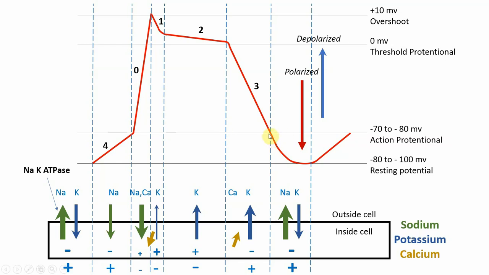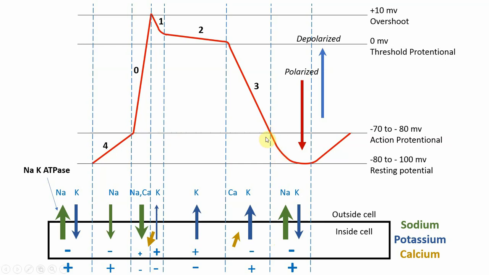If you see the positions of sodium and potassium again, at this point in phase 4 there is sodium out and potassium in. Now at this phase the sodium is in and potassium is out, so the condition is reversed.